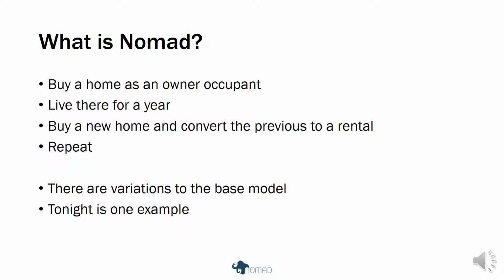So this is not like an average or middle of the road example. This is us cherry picking a great property to do Nomad with. In fact, I would call this a 1 out of 50 or 1 out of 100 type of deal. You're not going to see these every day, and you would need to be very selective about finding a deal this good. So let's jump right into what we've got going for tonight.